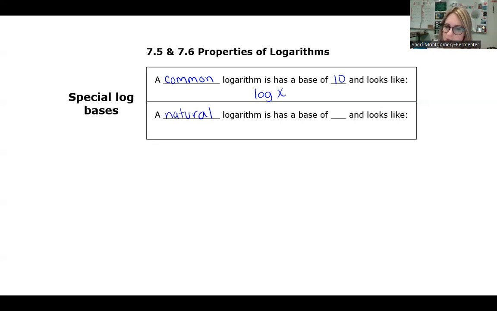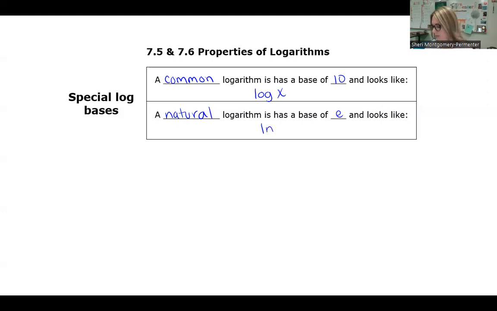The letters are LN because it's like French, I believe: logarithm natural. It is not an I, that is an L for natural logarithm. LN. And then it has a base of e.